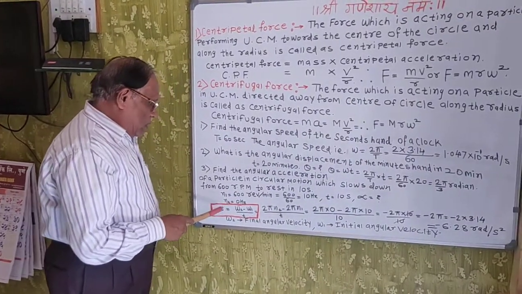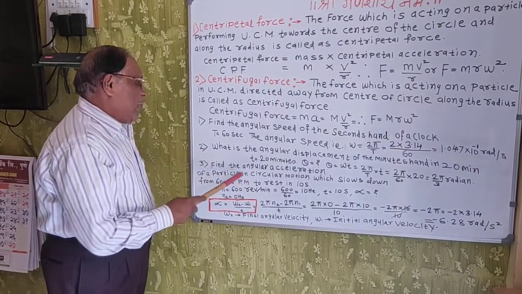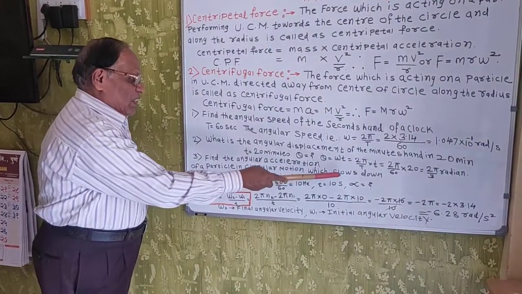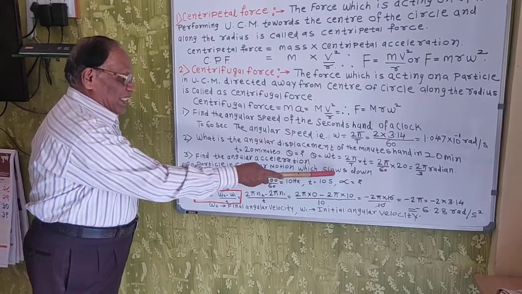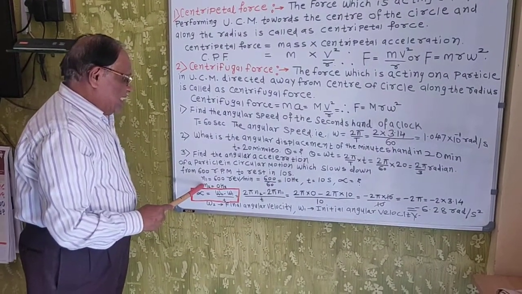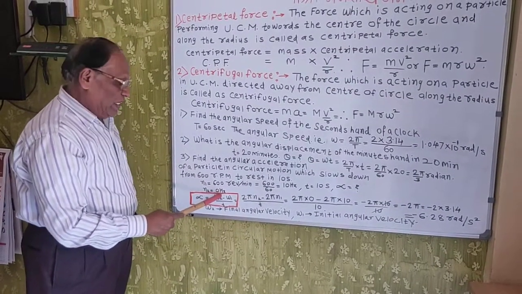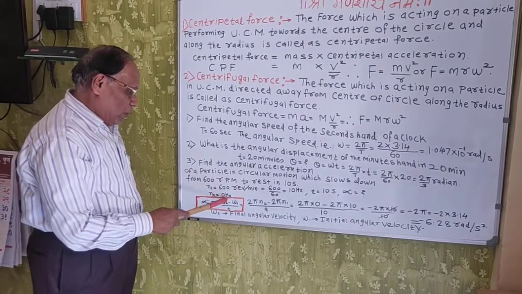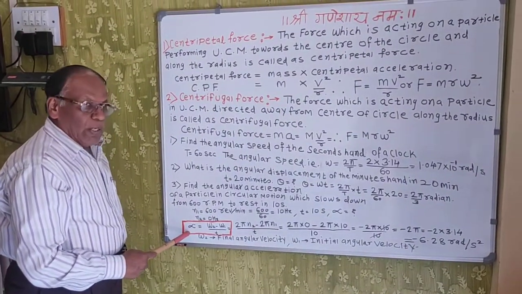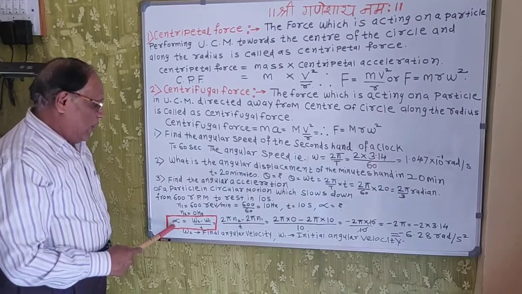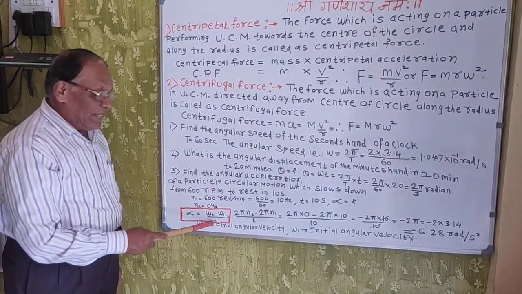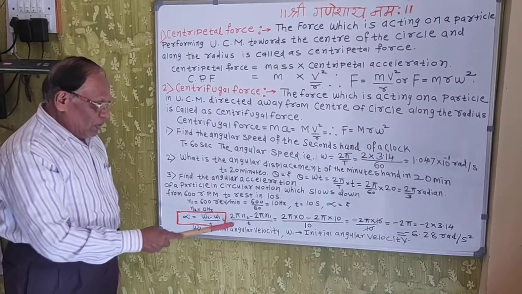Now, the particle in circular motion, its speed is decreasing to 0, and therefore the frequency n2 is equal to 0 hertz. That is the final frequency. And we know the formula of angular acceleration alpha equal to omega 2 minus omega 1 divided by small t.